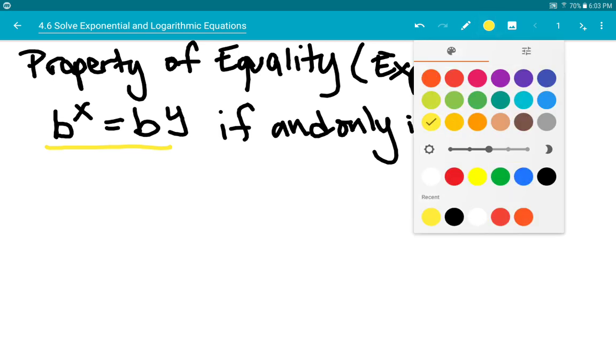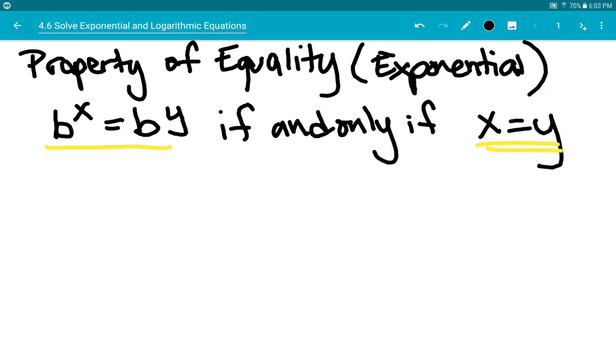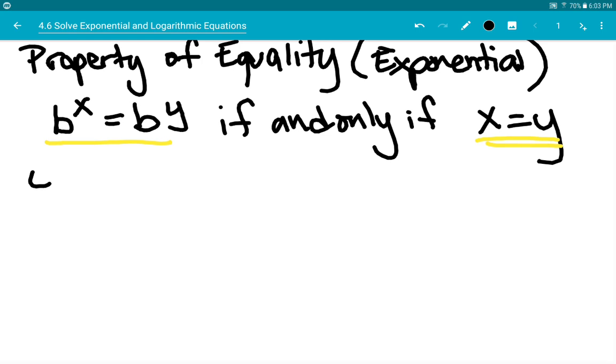Example 1. We have 9 to the 2x power is equal to 27 to the x minus 1. Similar to the property of equality listed right above, notice that the bases are not the same, so we cannot equate their exponents.